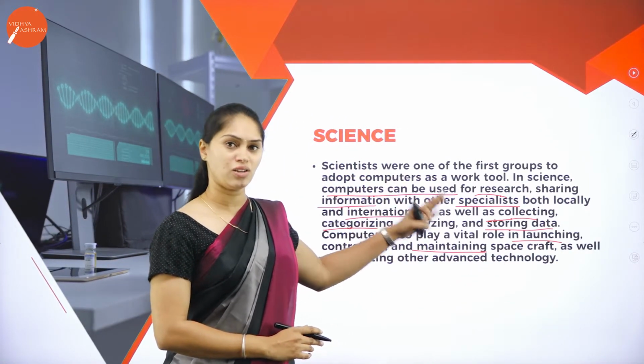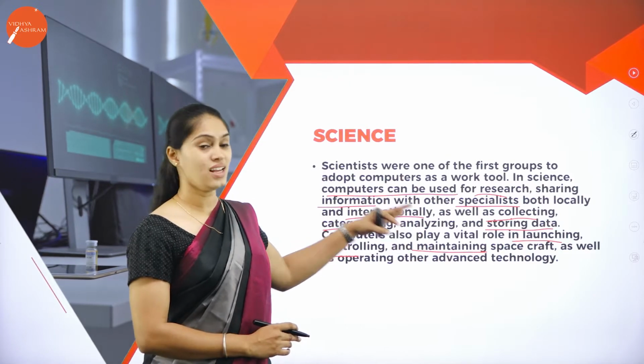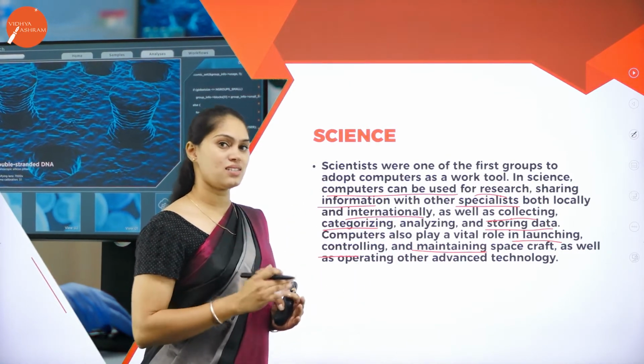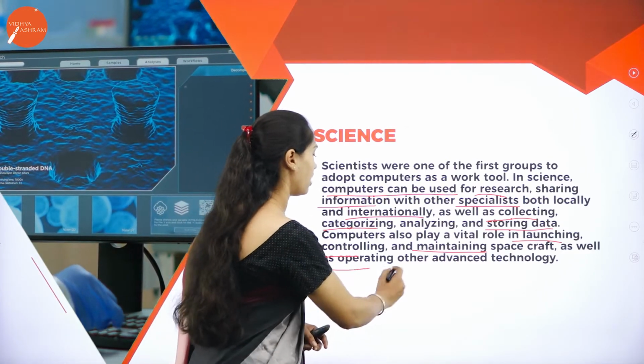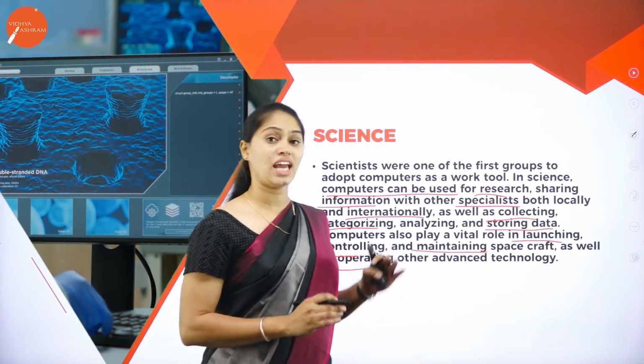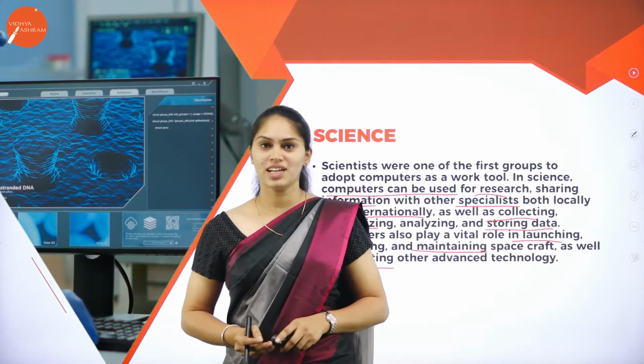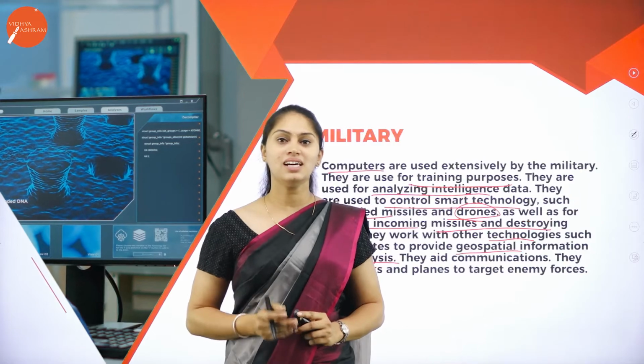If you consider any of the rockets, missiles and so on, the computer helps a lot in assisting the system, and it also helps us to improve advanced technology. So these are all the usages of computers in all the streams.